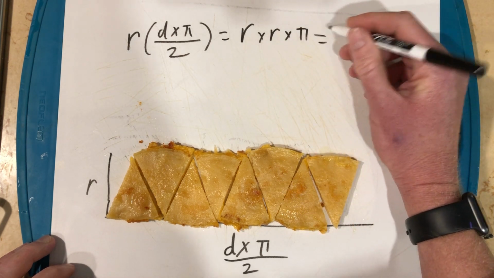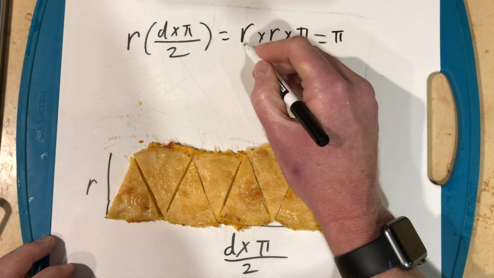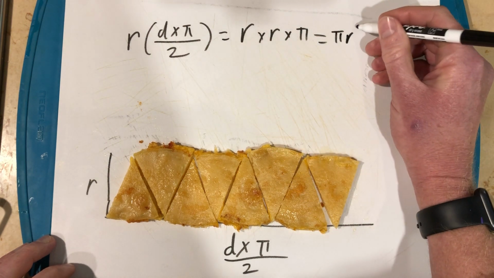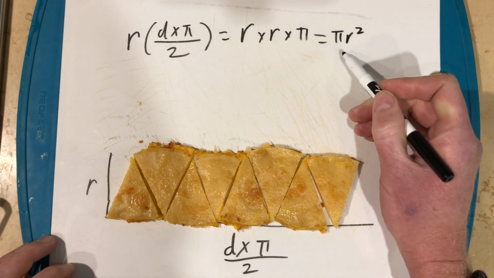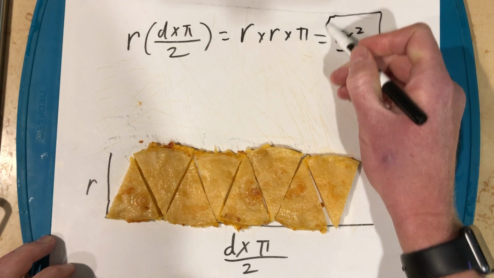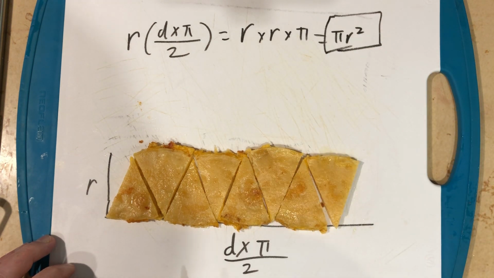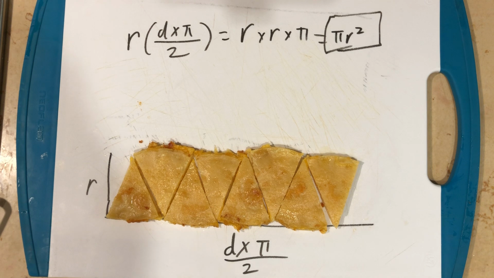Now, R times r is r squared. So here we have it. Pi r squared. If you ever wondered where that came from, and, well, who hasn't? But anyway, if you wondered where we get pi r squared from, this is really where it comes from.